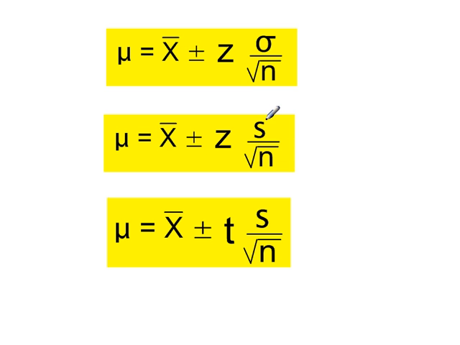Because we don't know the population standard deviation, but we do know the sample standard deviation. And for a large sample, the sample standard deviation is a good estimator for the population standard deviation. So we're using the normal distribution to work out the confidence interval.